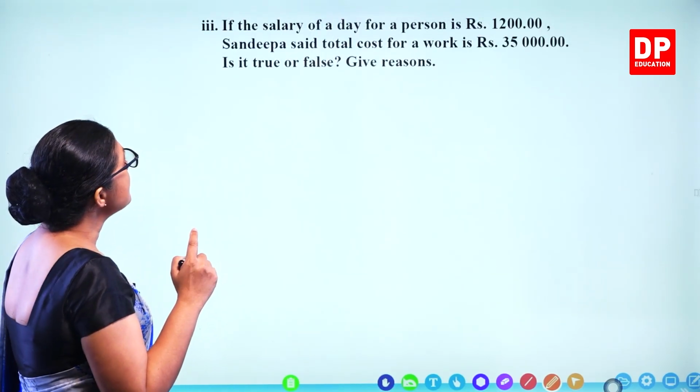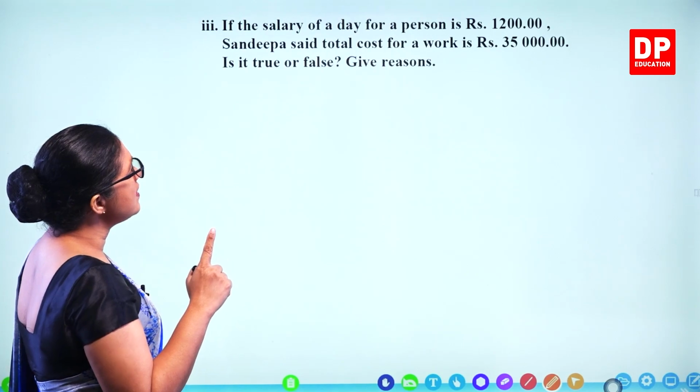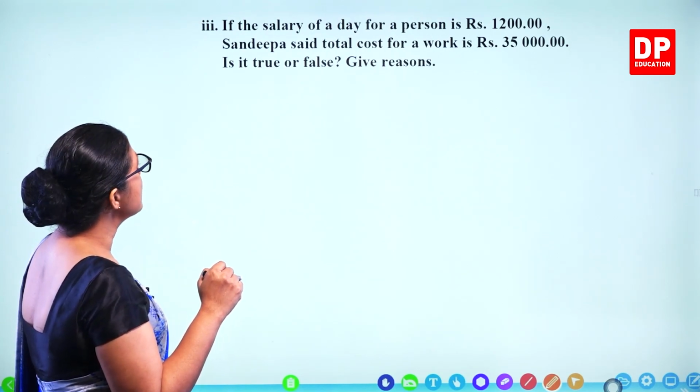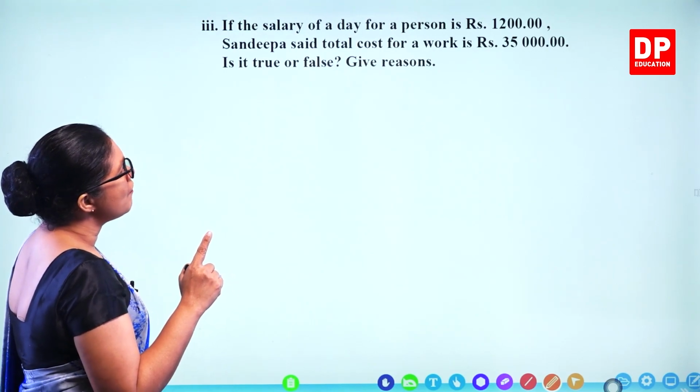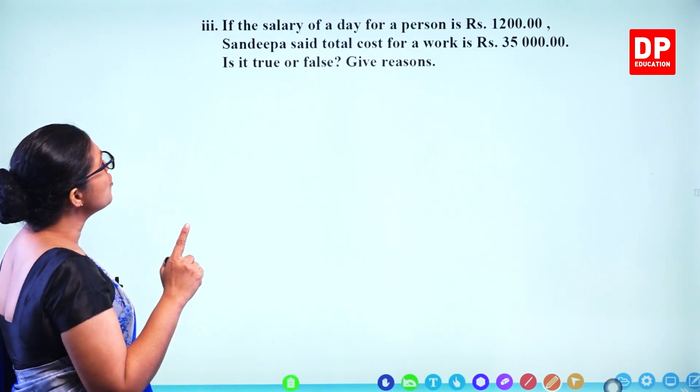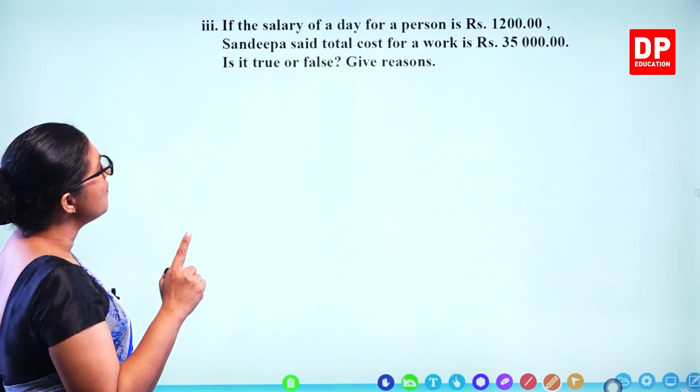Third part, if the salary of a day for a person is 1,200 rupees, Sandeepa said the total cost for the work is 35,000 rupees. Is it true or false? Give reasons.